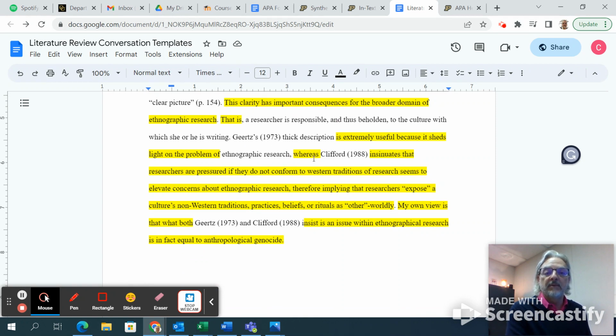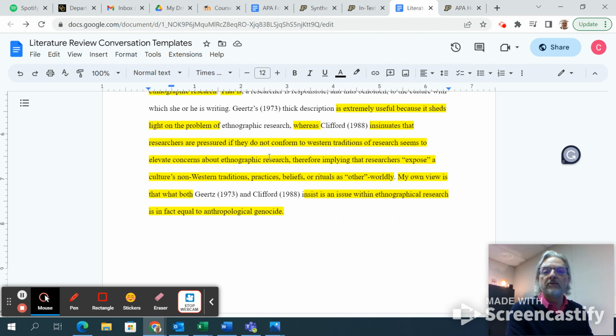Now we've got that template. Here's the topic. He's talking about this thing called thick description. It's extremely useful because it sheds light on the problem of ethnographic research, whereas Clifford insinuates that researchers are pressured to do that if they do not conform to the Western traditions of research methodologies.